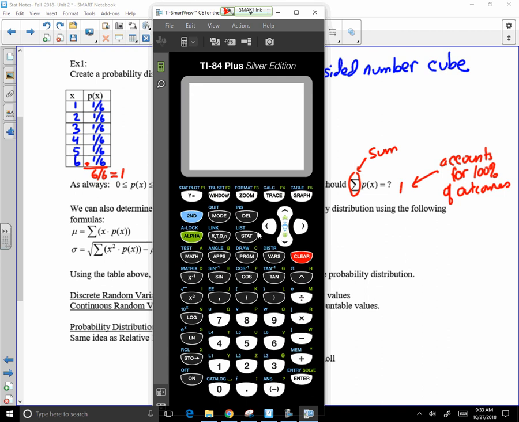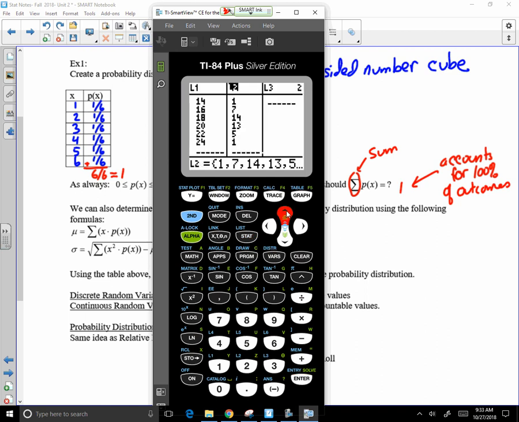This is a list of data. Fun fact of the day. Lists of data, stat, edit, go into our list menu. I'm going to clear out what I have here. I'm going to hit clear on each of the column headings. Haven't used this editor in a while. This looks like a little Unit 1 action there.